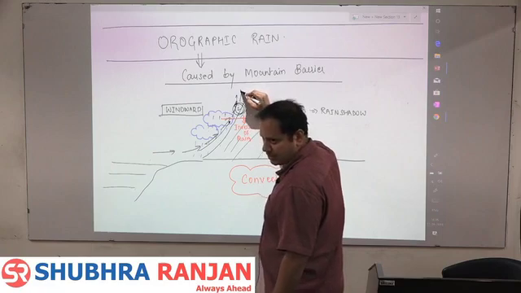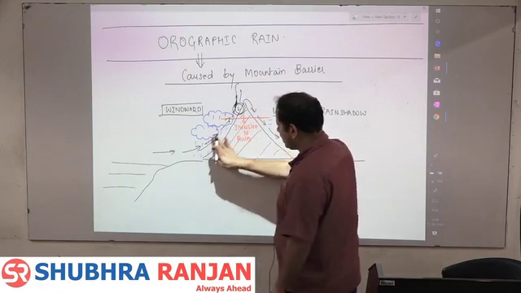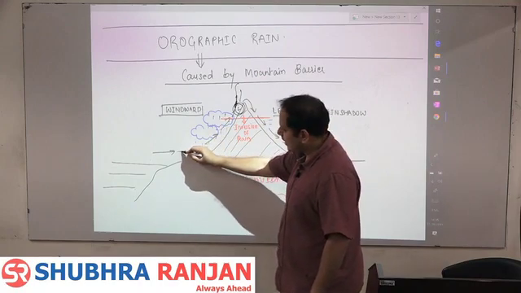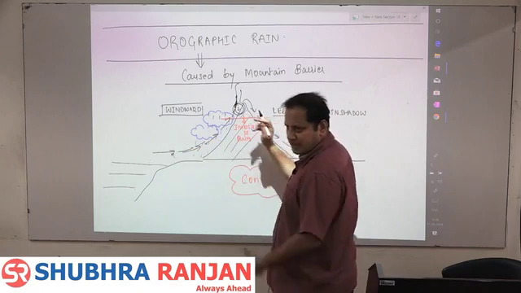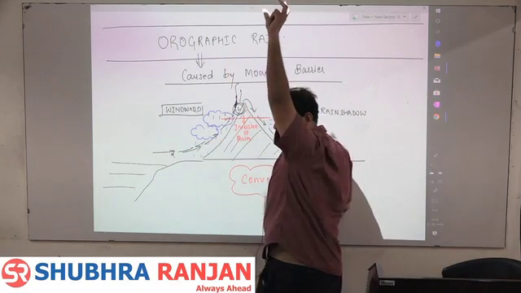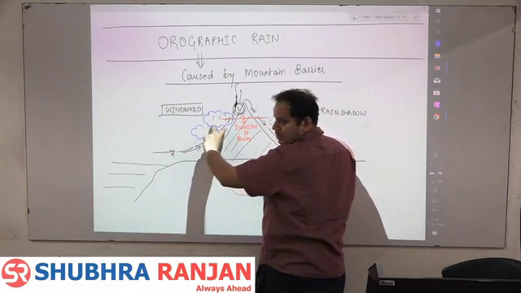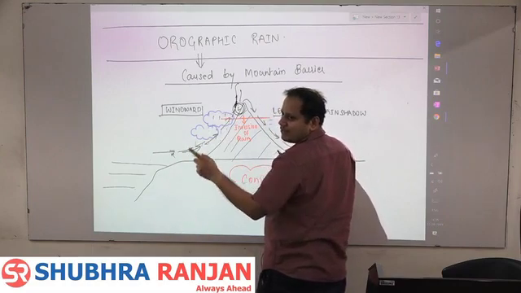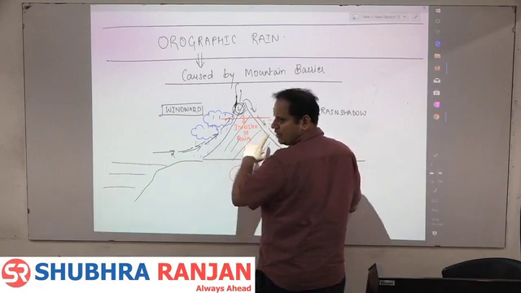The air from here is removed due to low pressure, so the wind from the surrounding regions will try to go to the region where low pressure has developed. This air will be forced to rise upwards and give rainfall. That is why we said not just due to orography, also due to convective mechanism.